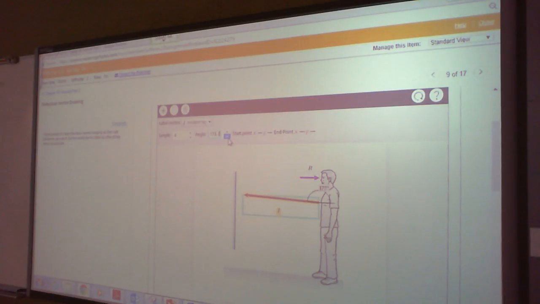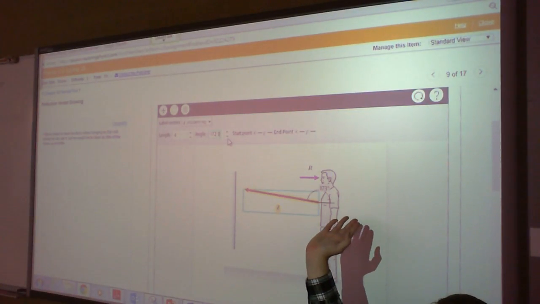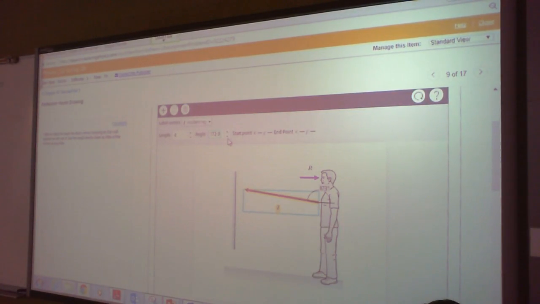This angle here is measured from horizontal, whereas normally we talk about angles from the normal. 173, and then I'm going to try this one out. So it goes about there.